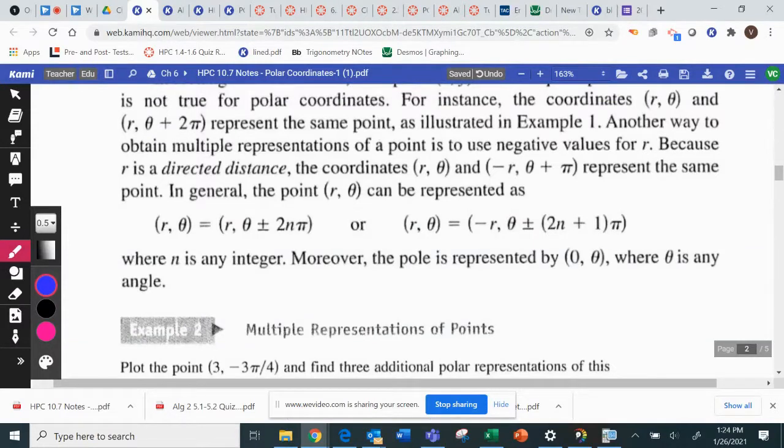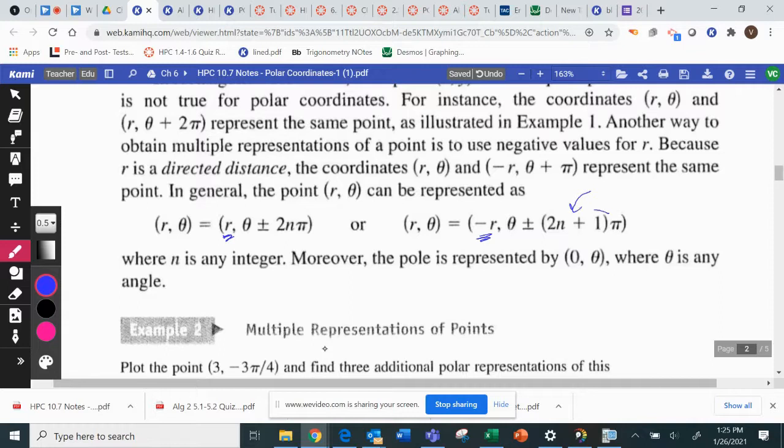Of course, you can just add 2 pi and go around again, or subtract 2 pi and go around again. So that's saying right here, if you use your same R and you take your theta and add or subtract 2 pi as many times as you want, you can get other ordered pairs. Or, and this is kind of new, if we take negative R, which is like taking the -3, then you're going to add or subtract 2n plus 1 pi.